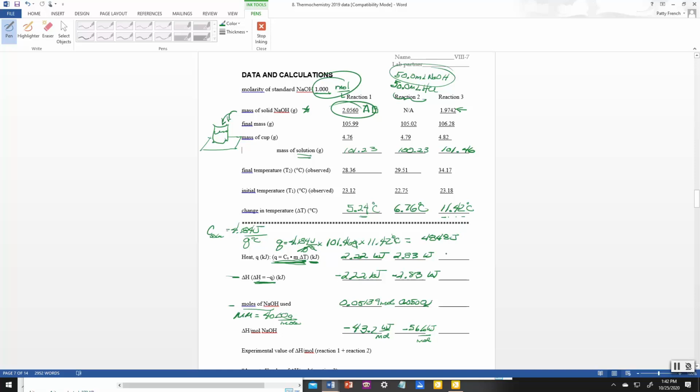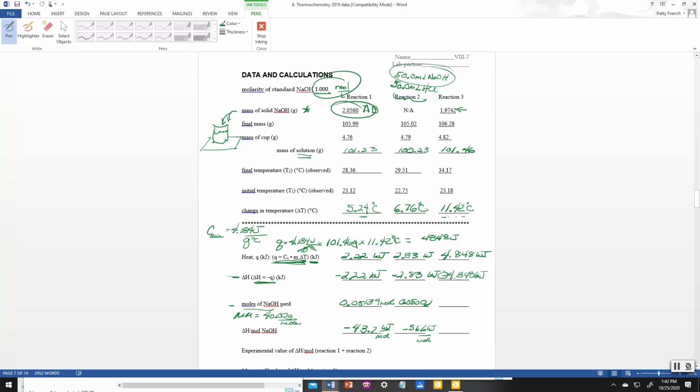So the heat for this particular neutralization reaction with solid NaOH was 4.848 kilojoules. And the enthalpy change for the reaction was 4.848 kilojoules negative, right? This was the heat for the solution that we could measure. This is the heat for the system or the reaction.